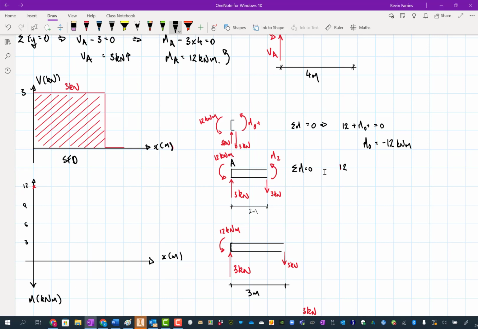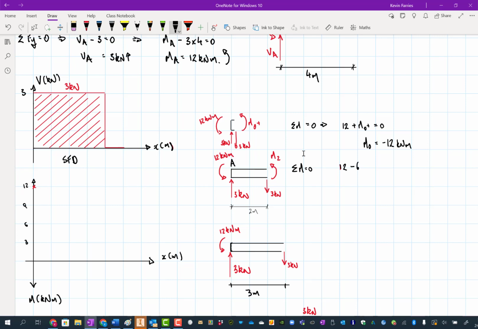I don't know why I'm not drawing on a line, but it's okay. So we've got this one, 12, going in the positive direction. Then, if we're taking moments about this point, we've got 3 kilonewtons going clockwise times a lever arm of 2 meters. So 3 kilonewtons, lever arm 2 meters, clockwise direction, and therefore we're going to have minus 6.